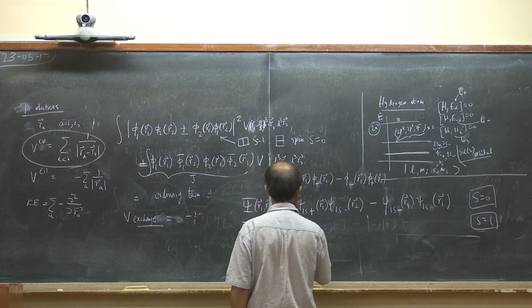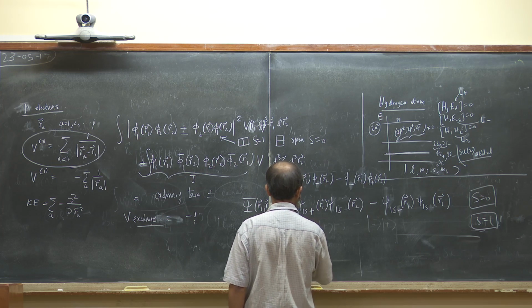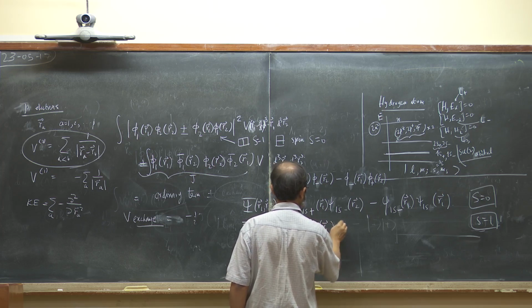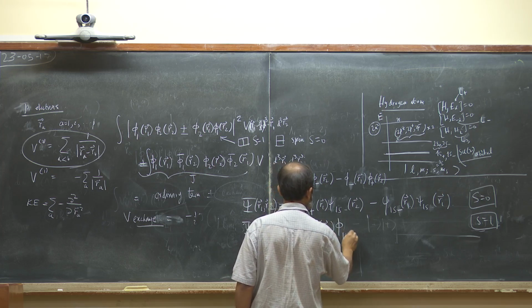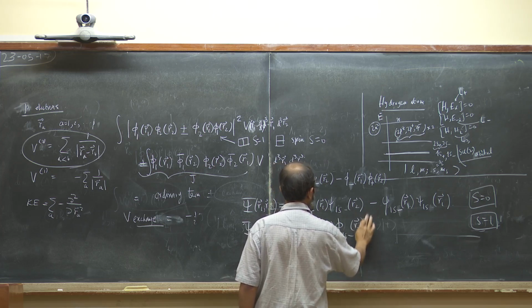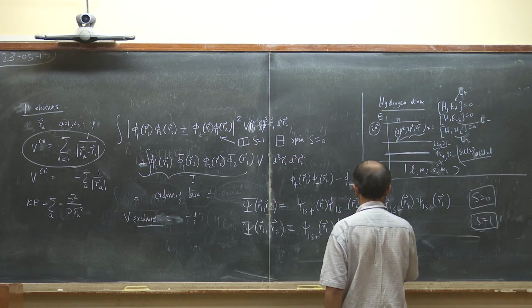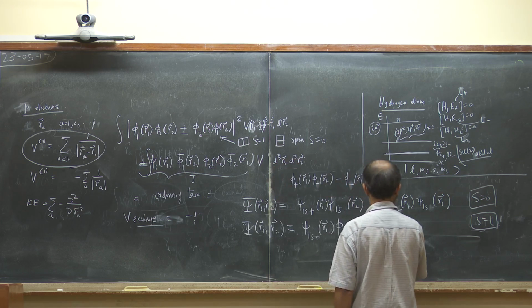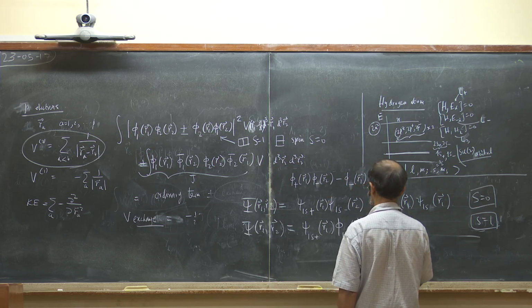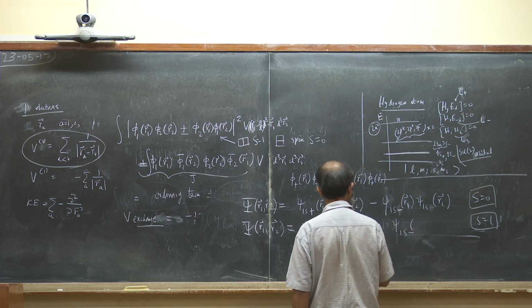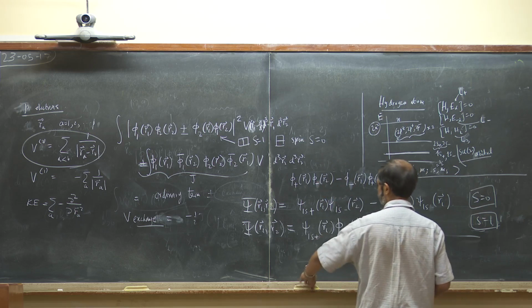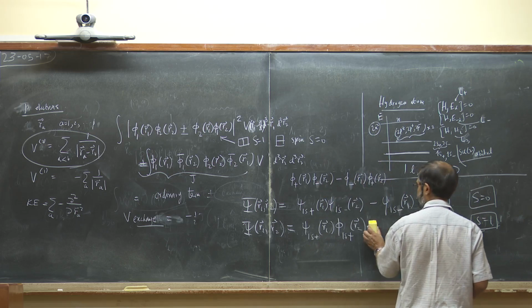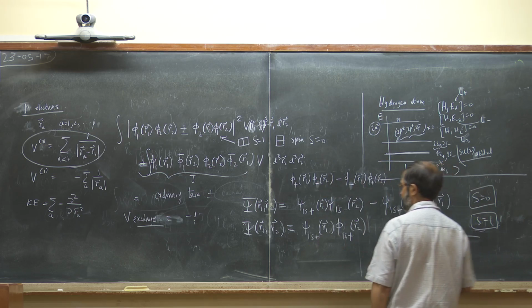then I must have, let's say this way, plus. Let us say I have both of them as plus plus, as you have in a triplet.